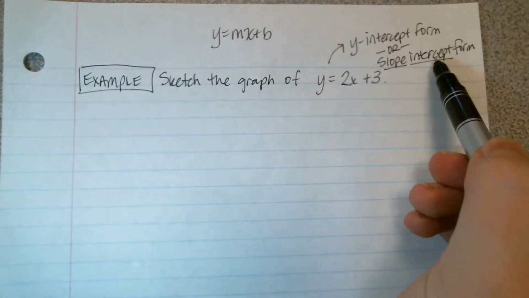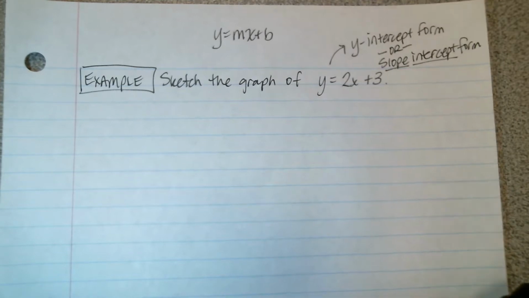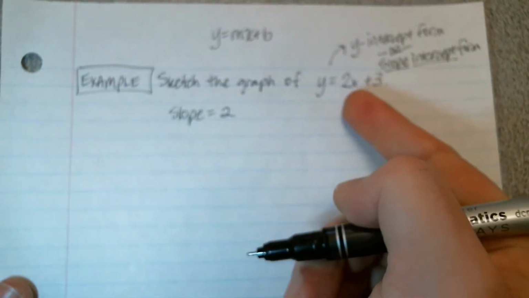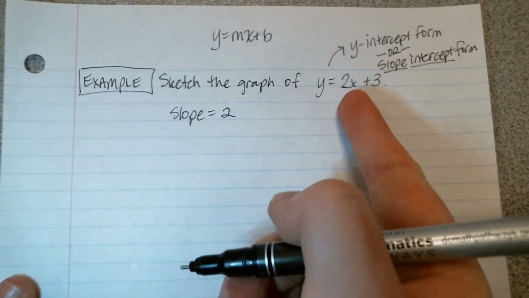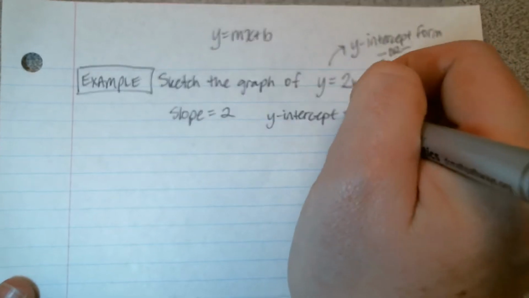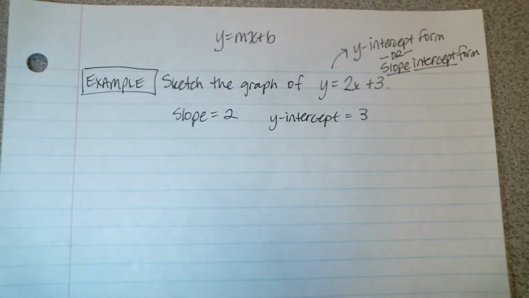So in y equals mx plus b, which is your slope-intercept form, m is your slope and b is your y-intercept. So in this example, the slope is positive 2, that coefficient on x, and the y-intercept is a positive 3, which means this graph is really easy to produce.